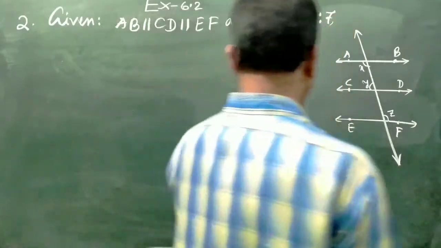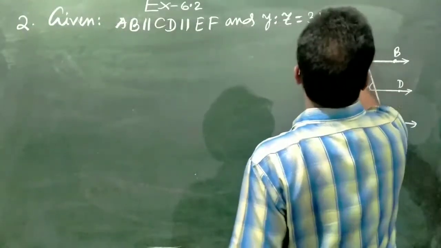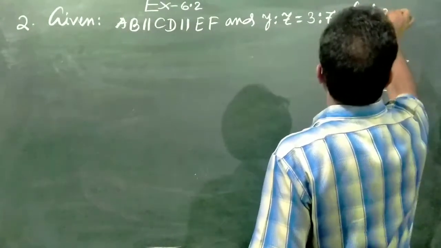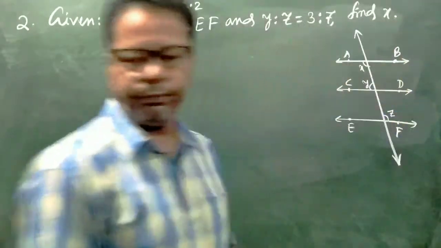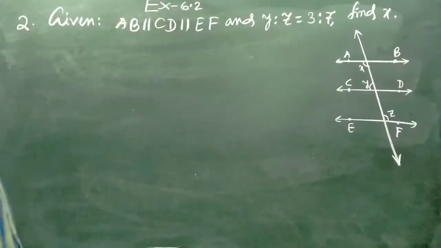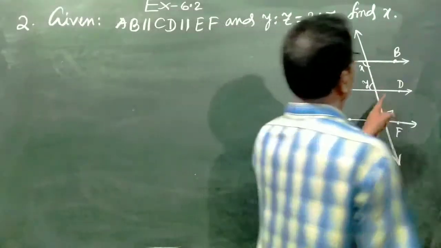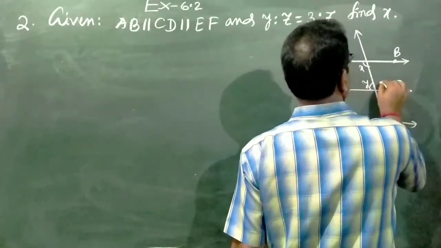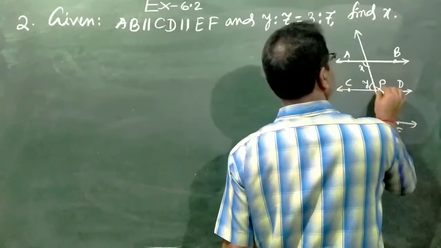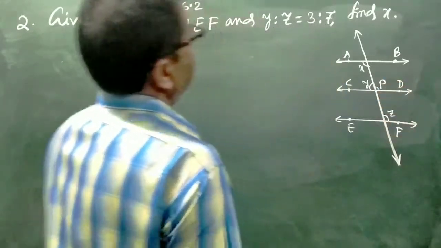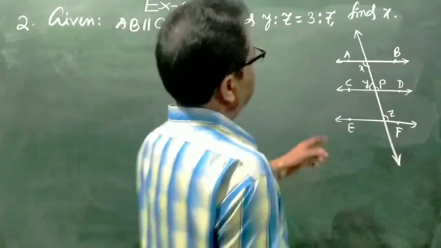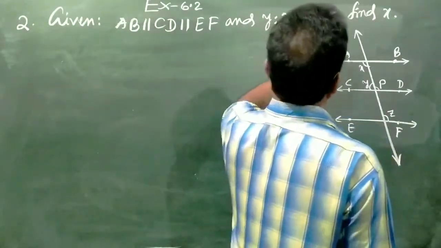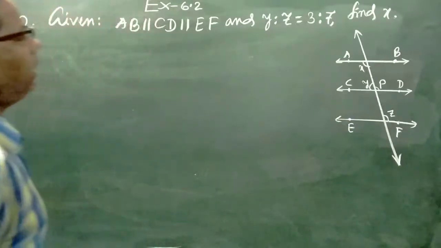To find X. Then name this point. This angle we are taking as P. Then here Y is to Z is equal to 3:7. From there we will start.